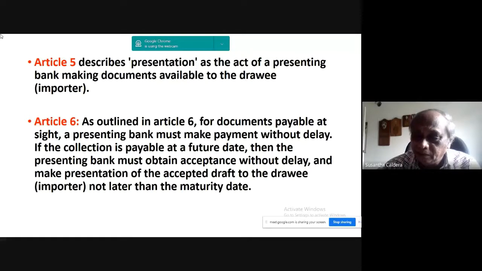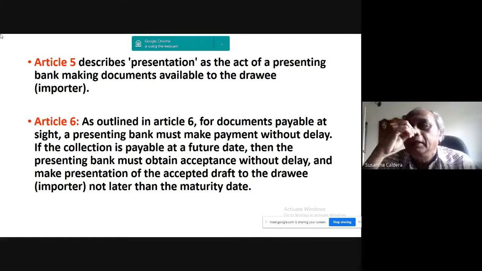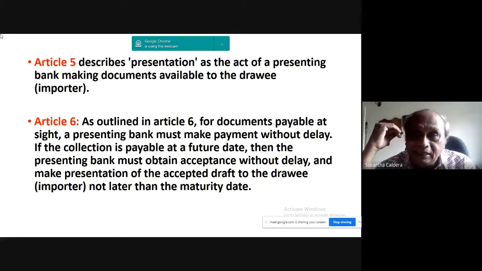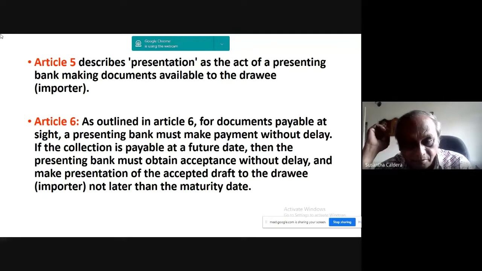After that, we inform. Is that the only obligation we have?